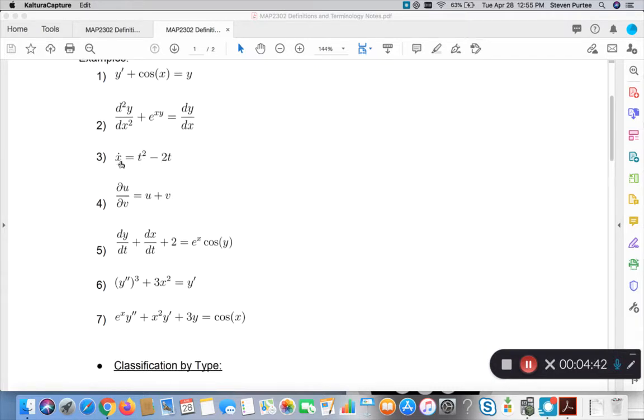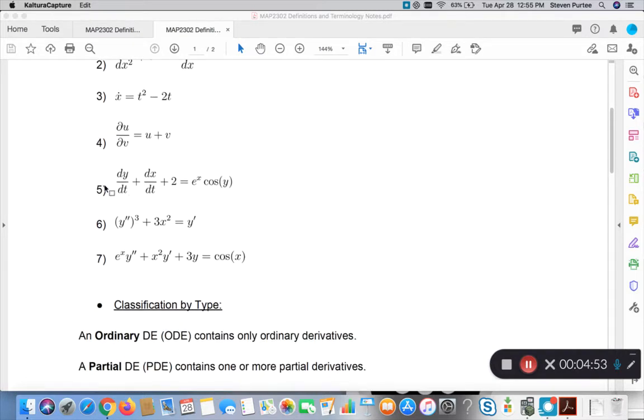3 would be linear. We only have one version of our dependent variable x, and it's just x prime or x dot to the first power. 5 would be nonlinear because I've got a cosine of y. My dependent variables here are x and y, I've got an e to the x, that's nonlinear.